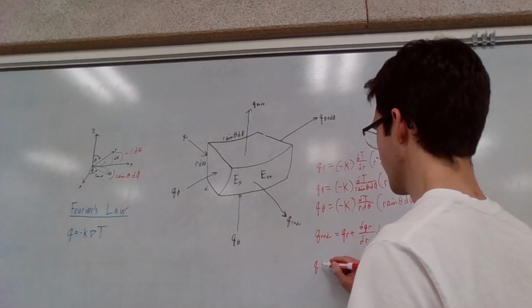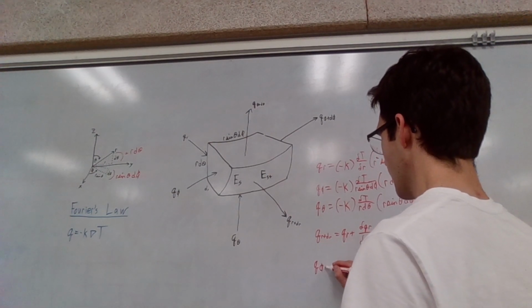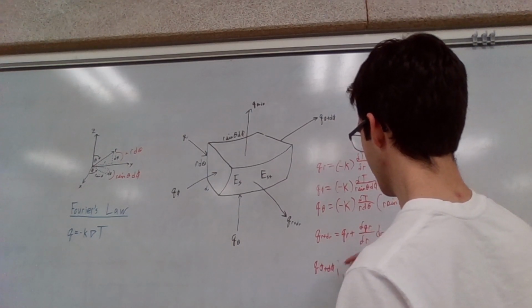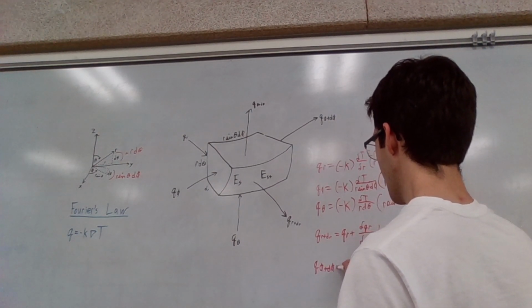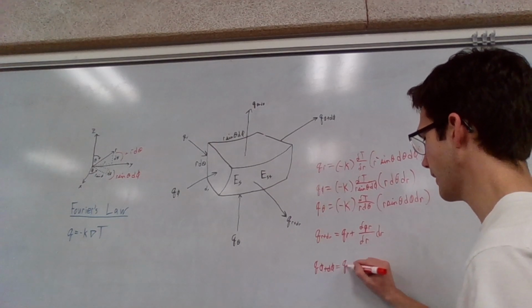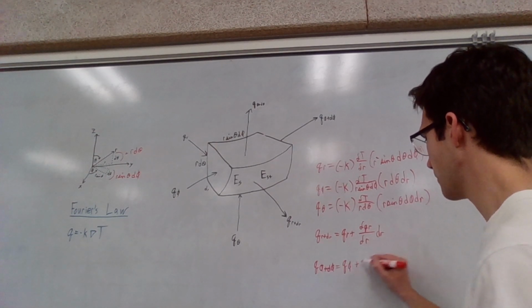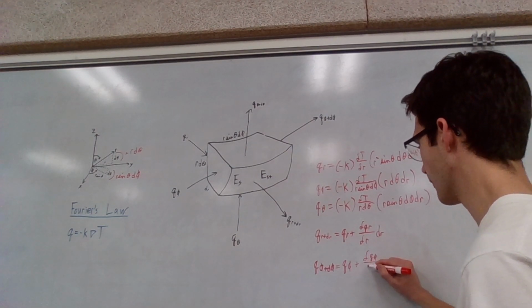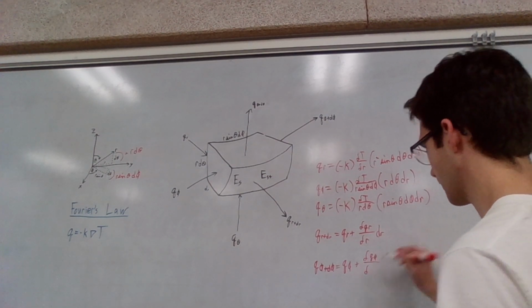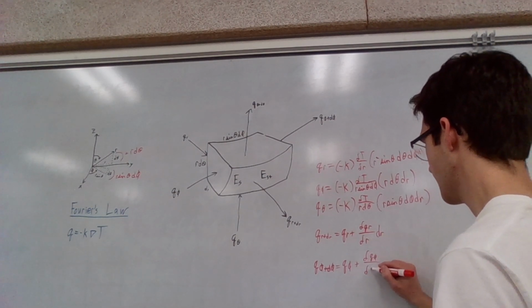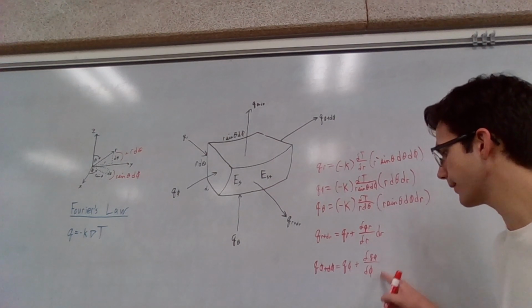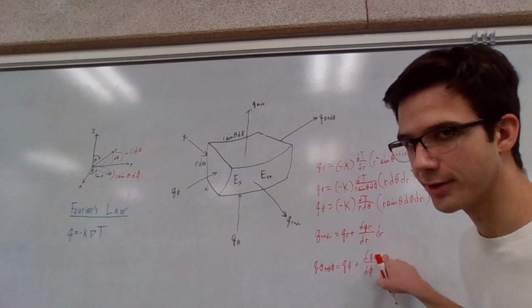So we'll go ahead and do that for our second two axis directions now. Let's do q phi next here. Our q phi plus d phi direction is going to equal q phi, where it was going in, plus our change in our q phi, our heat transfer rate, over phi. Now, this one, it's not a distance, it is an angle, but we can do this because, once again, we're dealing with q phi.